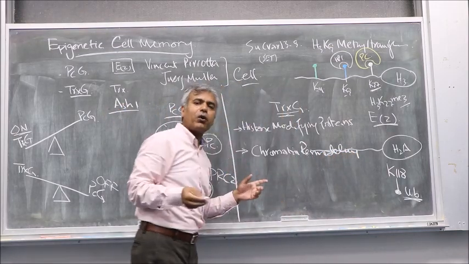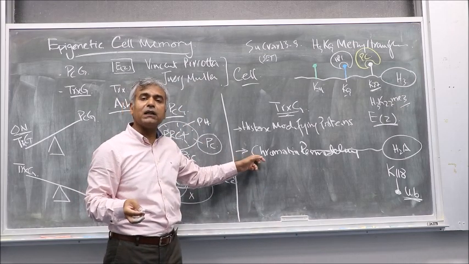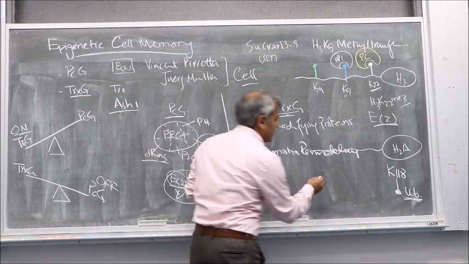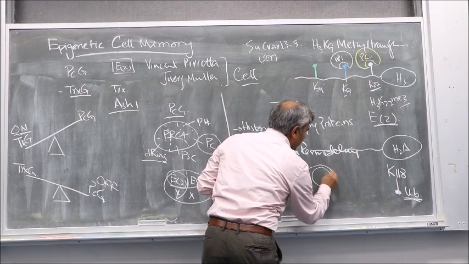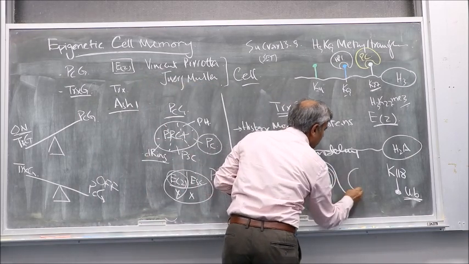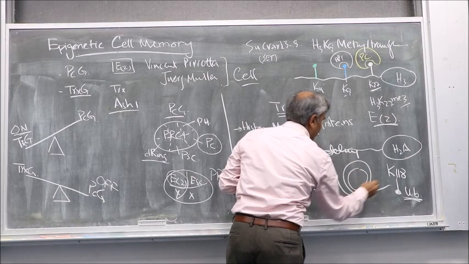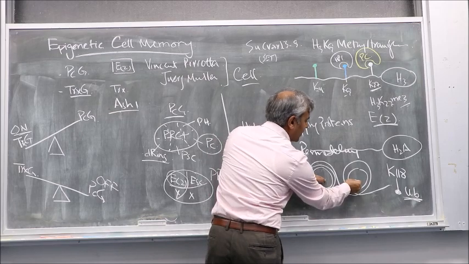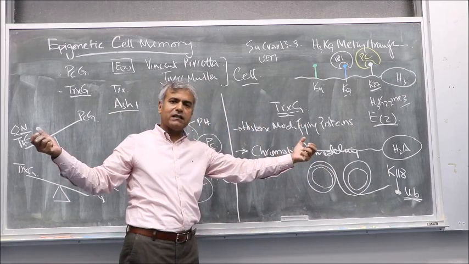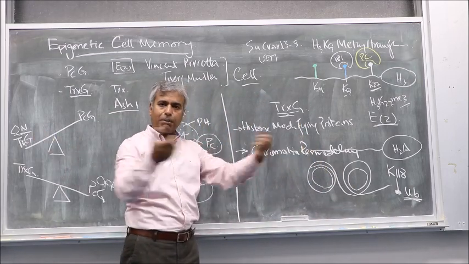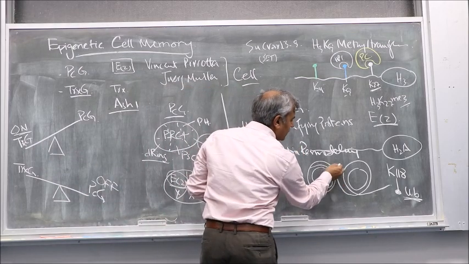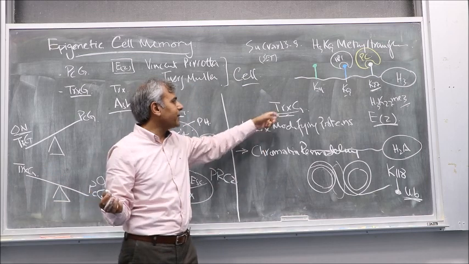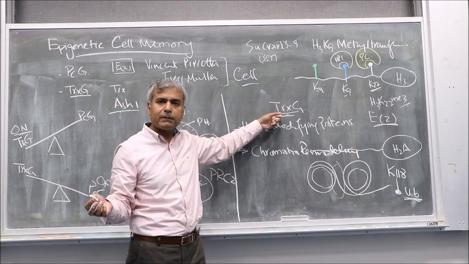Chromatin remodeling proteins or complexes are the ones which utilize ATP, and they can slide nucleosomes. So if this is a nucleosome, and if this comes under the action of chromatin remodeling, these two nucleosomes can be slid, moved apart, and this DNA can be accessible to transcription factors or transcription machinery.